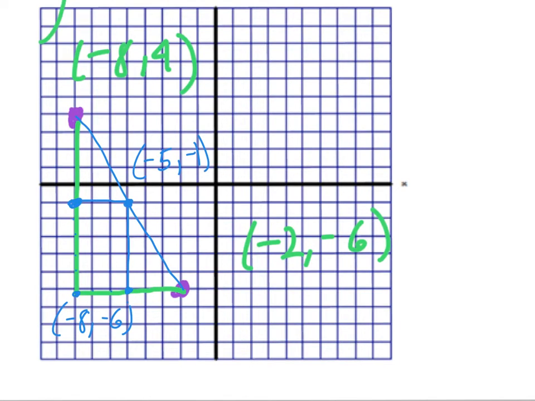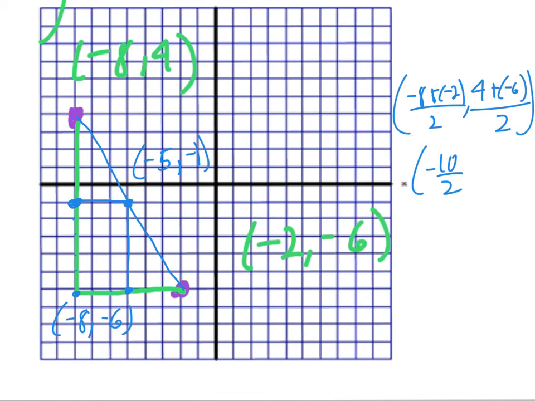So if we do negative 8 plus a negative 2 over 2, and we also do 4 plus a negative 6 over 2, we get negative 10 over 2 and negative 2 over 2. So that again leads us to negative 5, negative 1, like we should be getting. So, well, hopefully you found this helpful, and thank you very much for watching.